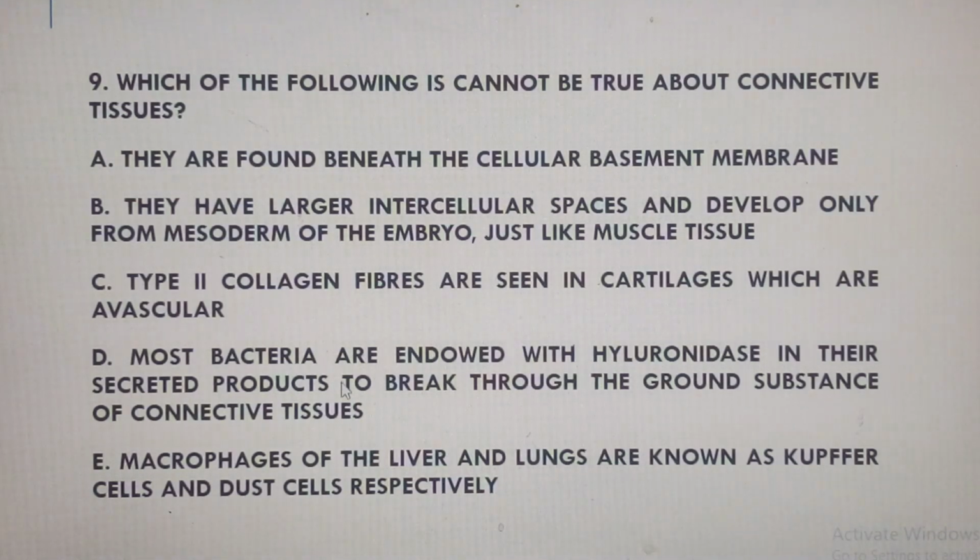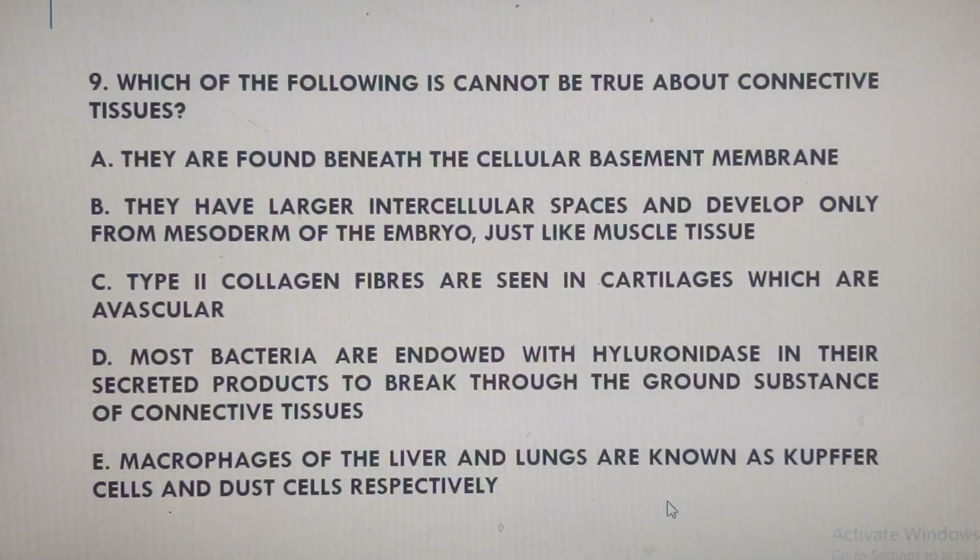Now, in most bacteria, which are mainly gram-positive bacteria, like Staphylococcus, Streptococcus, and what have you, they secrete the enzyme hyaluronidase, and that breaks through the hyaluronic acid, breaking the connective tissue and causing tissue devastation. That's a very true statement.